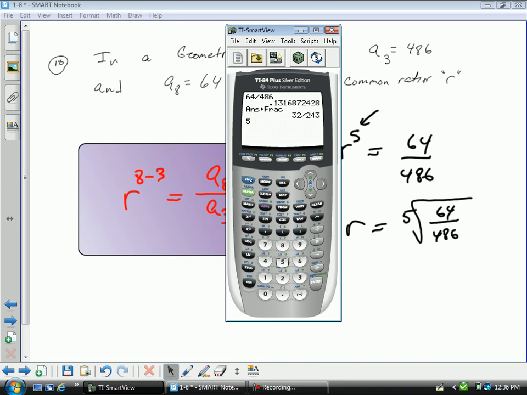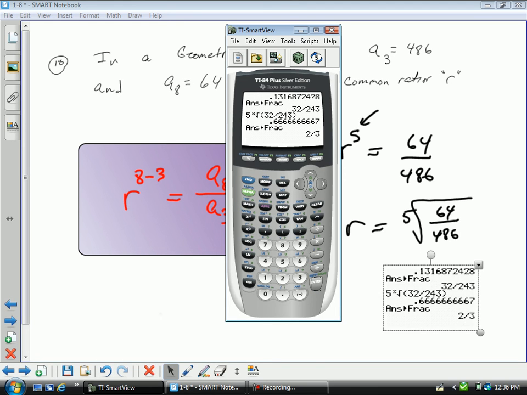You press 5, you go to math, you press 5 again. That'll give you the fifth root. Now it's important, it doesn't put the parentheses in there. You have to do it yourself. That's 2/3. Not so bad.